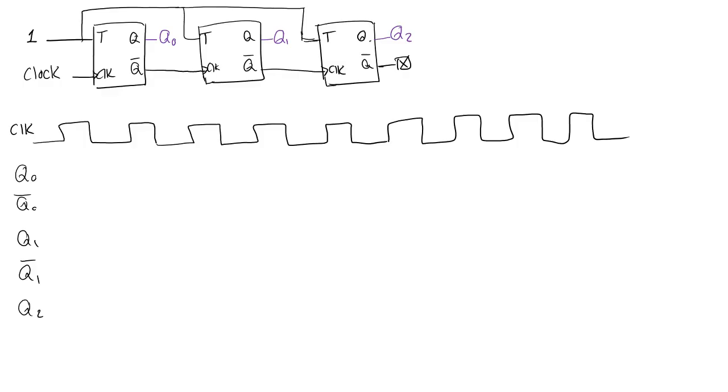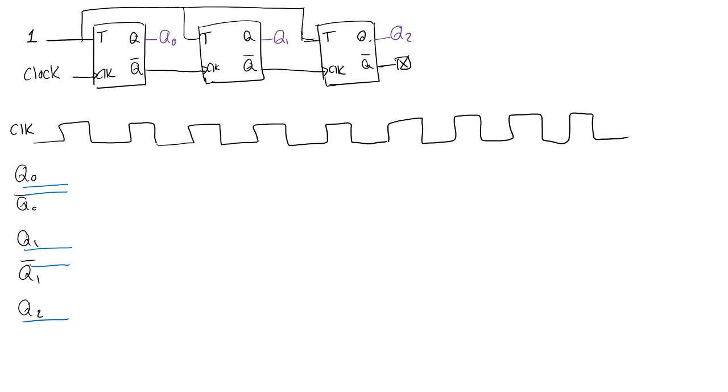So Q0 is at 0, Q1 is at 0, Q2 is at 0. Therefore, Q0 bar is going to be at 1, Q1 bar is at 1, and Q2 bar, well, we are not really showing it. So let's try to actually go through the operation of this circuit and see how Q0, Q1, and Q2 change over time.